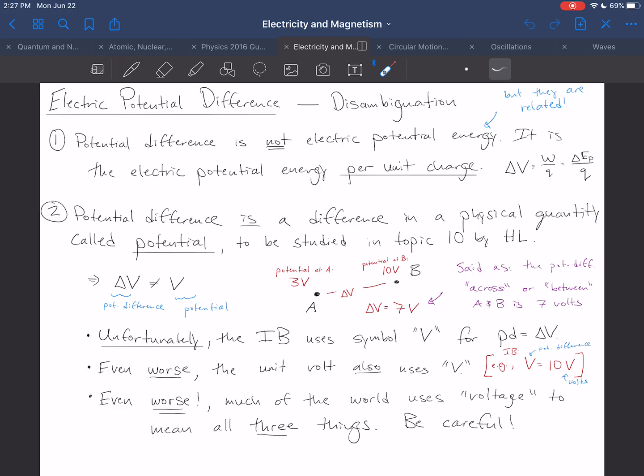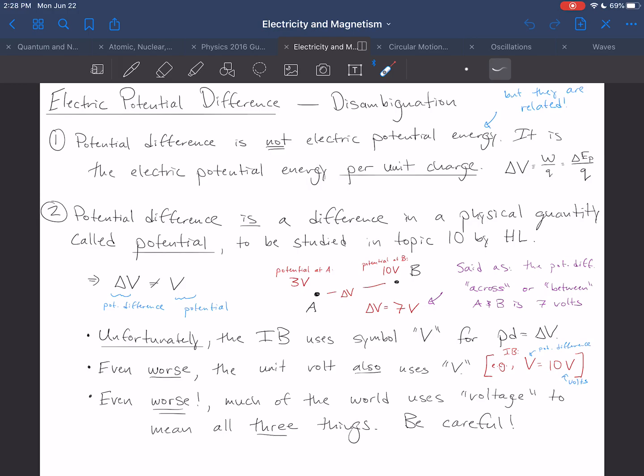So there is an analogy for this, but in this particular case, I think it makes it way more confusing. Why? Because the unit volt also uses this symbol V, okay? Which means you have a potential difference, delta V, equal to 7 volts, written as 7V, okay?